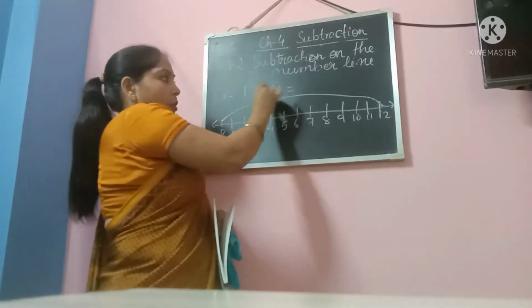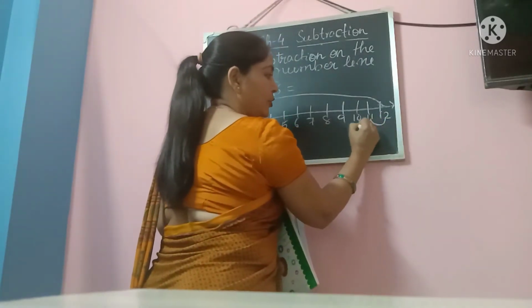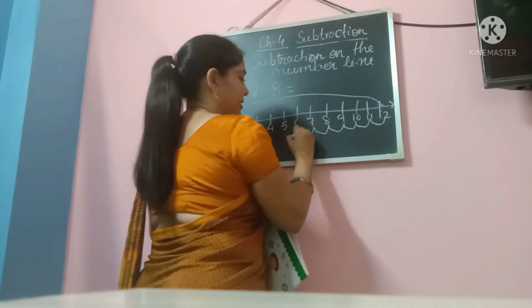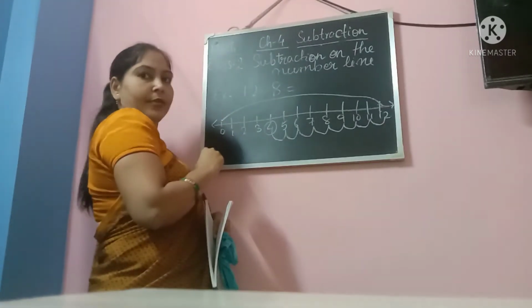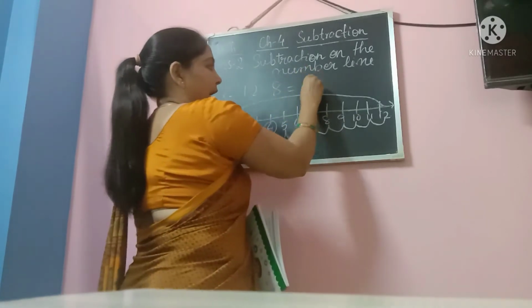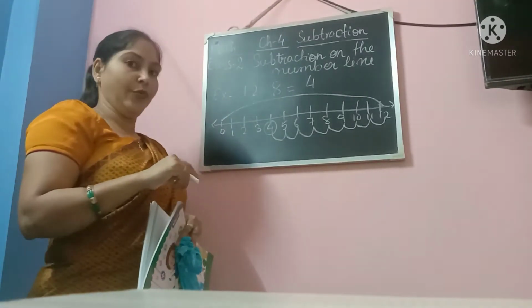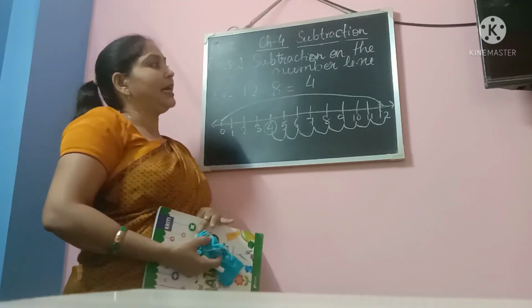How many times will I move backward? 8 times. 1, 2, 3, 4, 5, 6, 7, 8. So I have reached 4 in this way. And so the answer will be 4. 12 minus 8 is equal to 4. Understood? This is how we have to do subtraction on the number line.